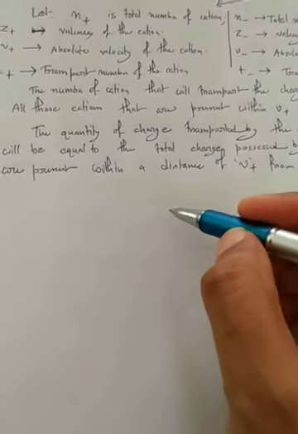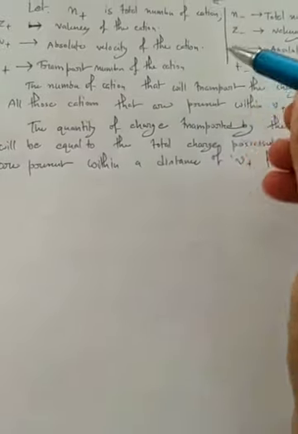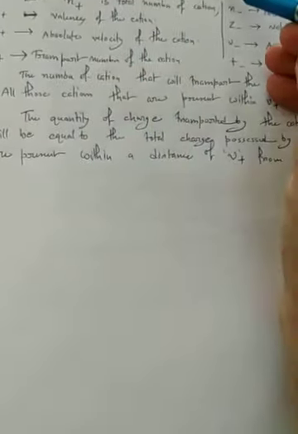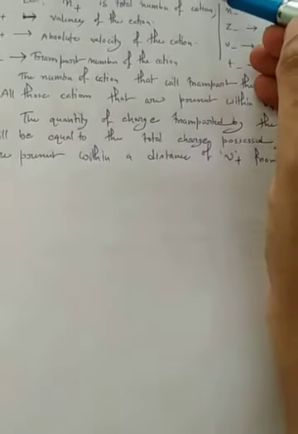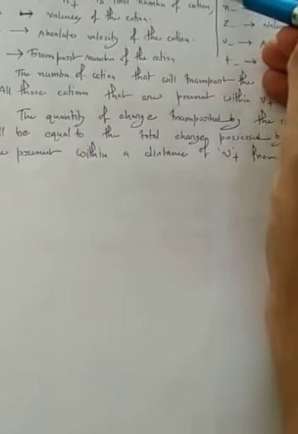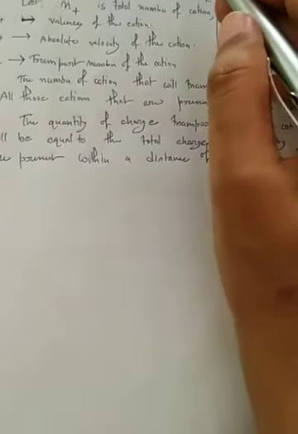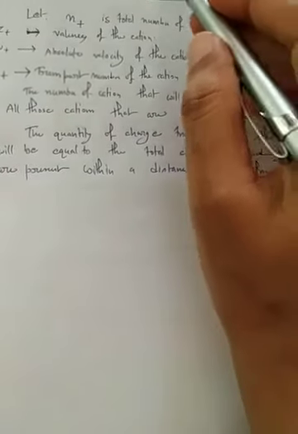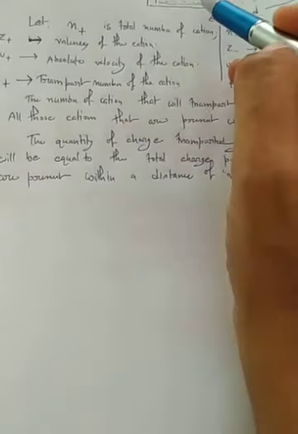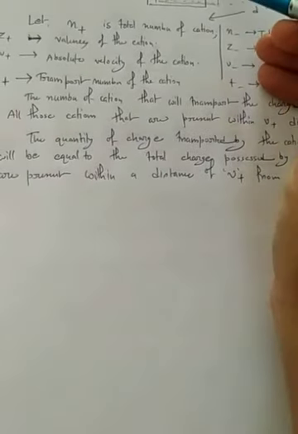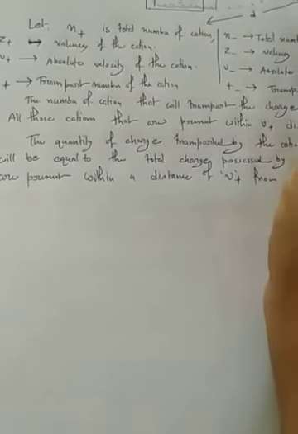Now the total number of cations is N plus. This amount of cation is distributed throughout this particular distance, that is D. The cross-sectional area throughout this electrolytic cell is similar.